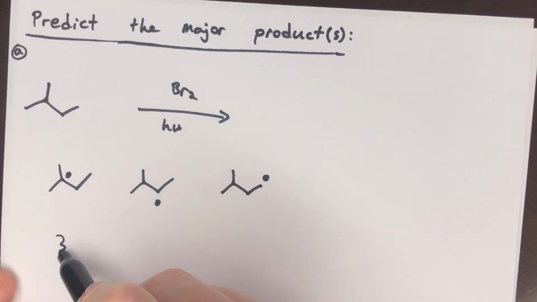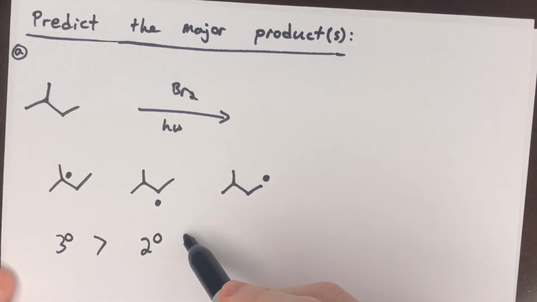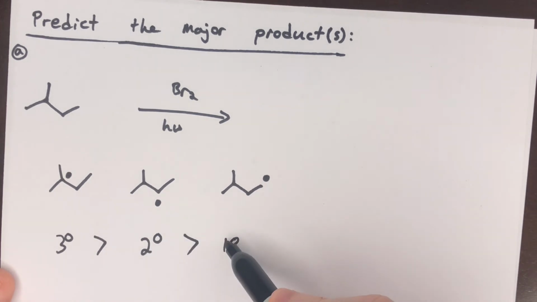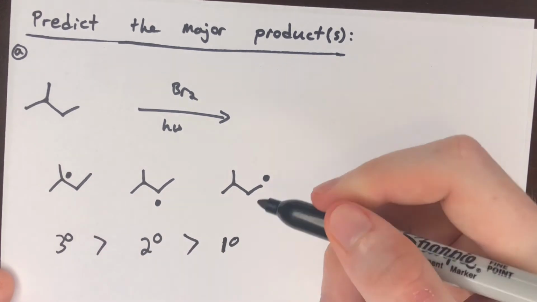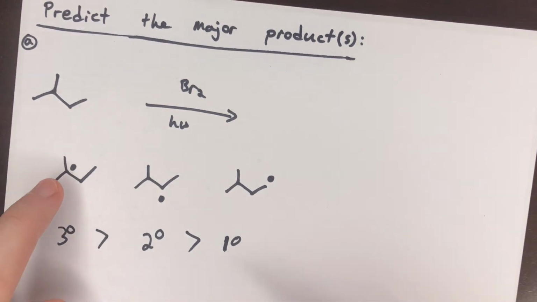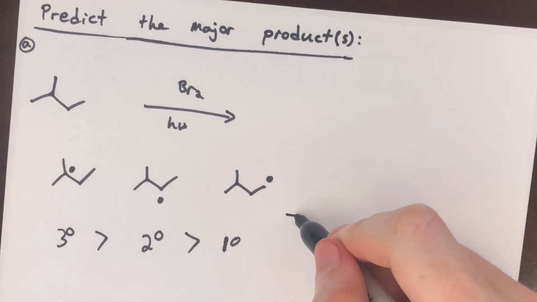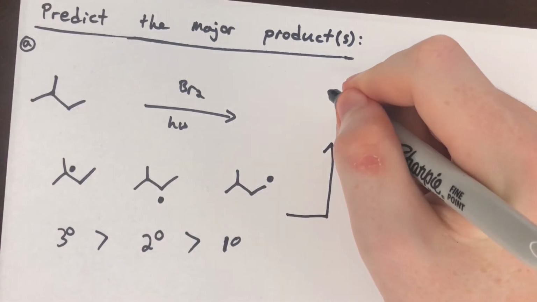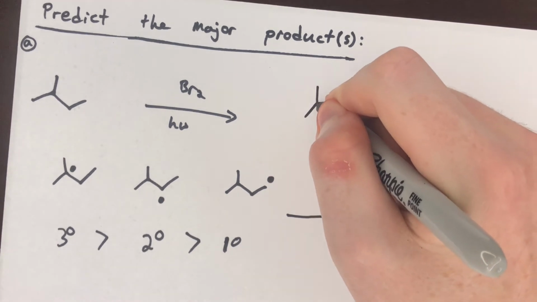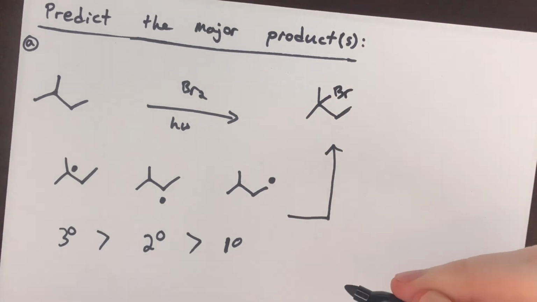So here we have a tertiary, which is by far more stable than the secondary, which again is more stable than the primary. So then if we use this as our major product former, the major product is going to have the bromine at that position, at the carbon that is the most substituted. So our major product then is this one.